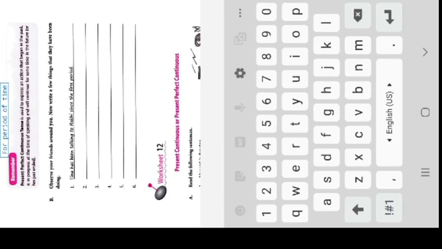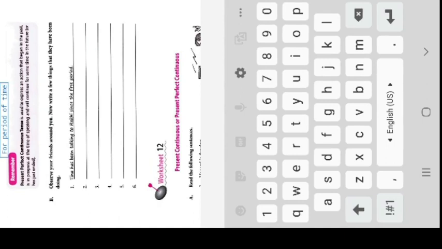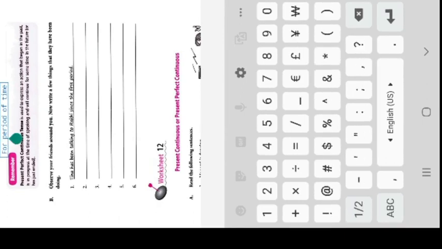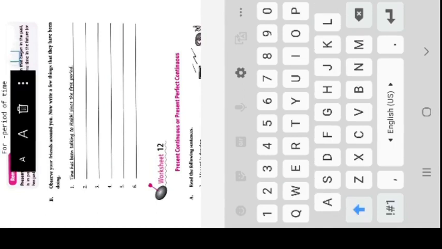So it doesn't tell at which period of time or what is the exact time. It tells the duration only. 1 month, 10 hours, 10 minutes. So it doesn't tell us when it started and when it will be over. So for is used to express the period of time.